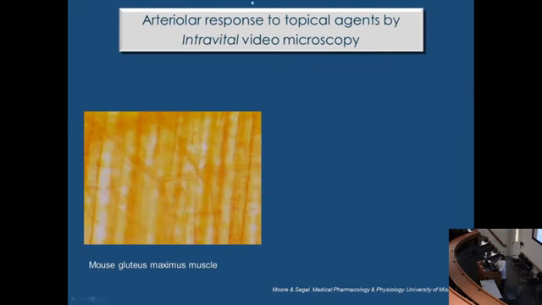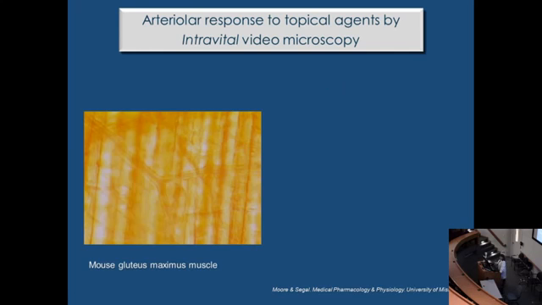So what I have here, in the background, is skeletal muscle cells. Probably you can distinguish them by their vascularization. Probably you can see the vessels, right? So this muscle is from a mouse gluteus maximus muscle. That means that the activity of the smooth muscle cells was obtained in vivo.